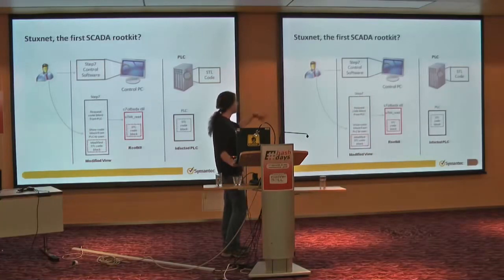This is a request being made to the library, and then by the time it gets back, the infected malware is in the PLC, and it's being hidden from the user. So it's implemented on a software layer, but it's actually targeting the PLC, which is a hardware device. It's believed that Stuxnet could have done this by implementing the rootkit on the PLC side, but their approach was to do it on the software layer because probably it was easier to do.